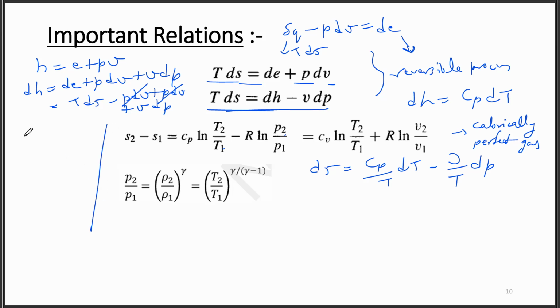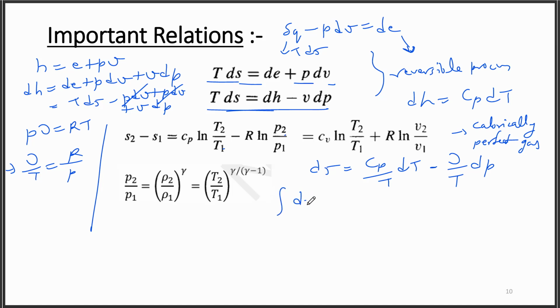One more thing, Pv equal to RT. This v is volume per unit mass here also, everywhere. So v upon T is nothing but R upon P. We will substitute this also here and take the integration.